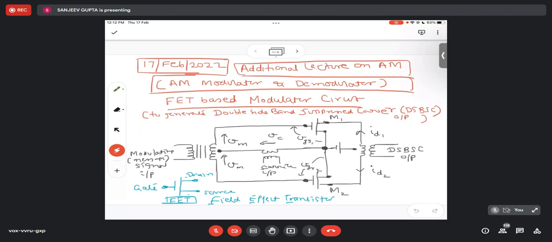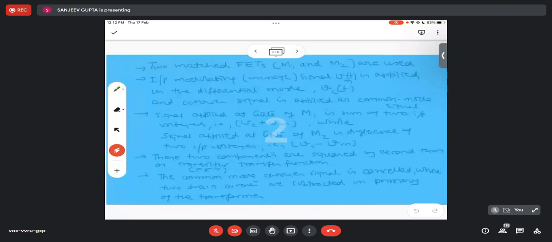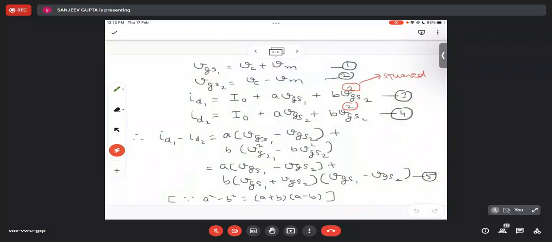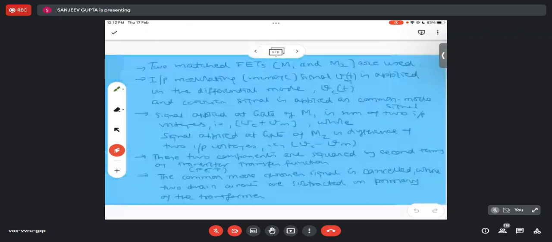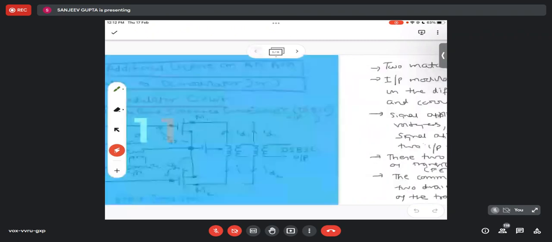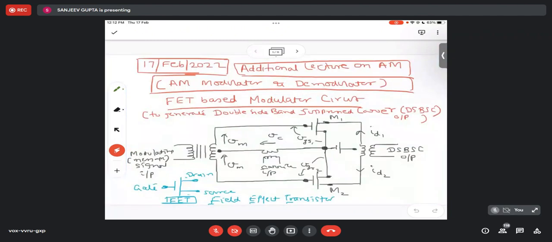VGS1 is simply the sum of the two, VC plus VM, and VGS2 is given by VC minus VM. Then we have the two currents, ID1 and ID2, shown here.